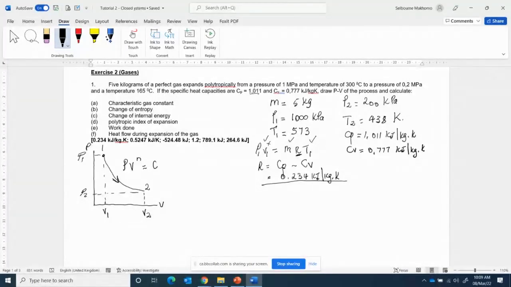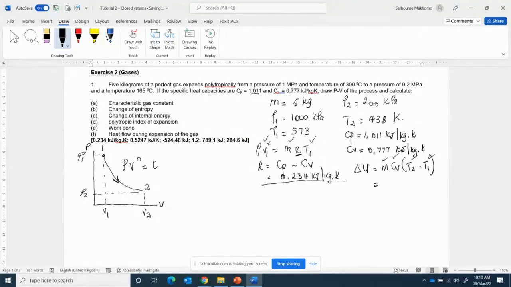So now we have R. Now question 1C says calculate the change of internal energy. We said that for all the processes except isothermal, the formula for delta U is the same: delta U is equal to mCv(T2 minus T1). So mass is 5, Cv is given, T2 and T1 we have.